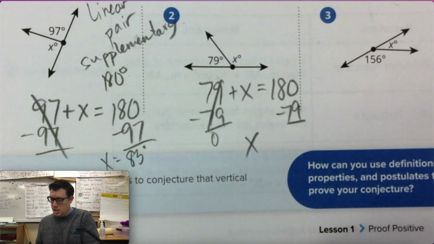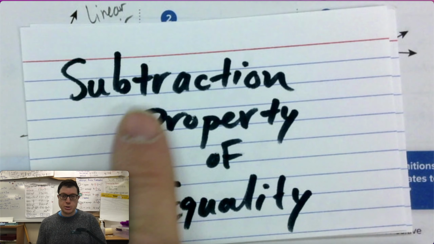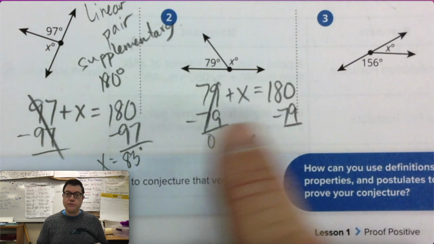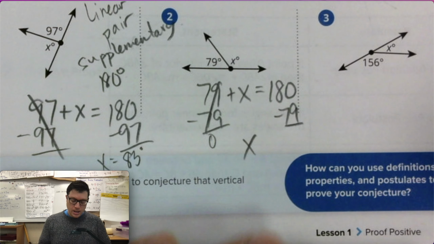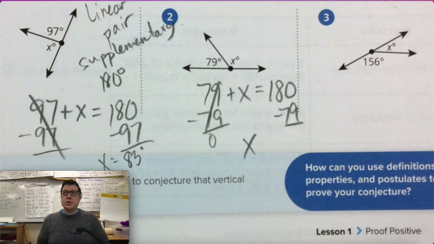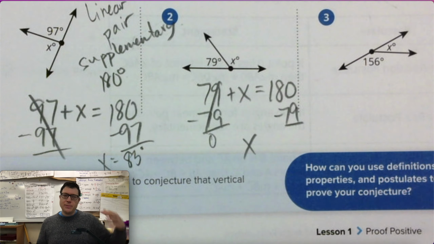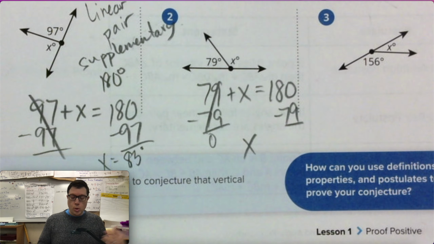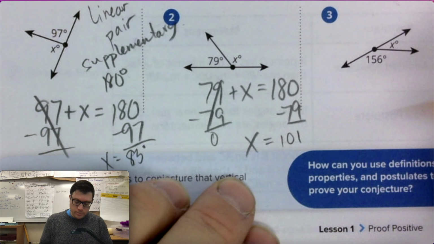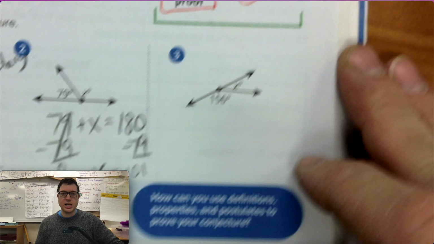We used the subtraction property of equality to do that because I've subtracted the same thing from both sides of the equation. And then 180 minus 79. Well, 79 is almost 80, so 180 minus 80 is 100. But I'm not subtracting 80, I'm subtracting 79. That's one away, so I have 101. Mental math tricks. Let's go to the last one, question 3, and then this will be the last part of the video.